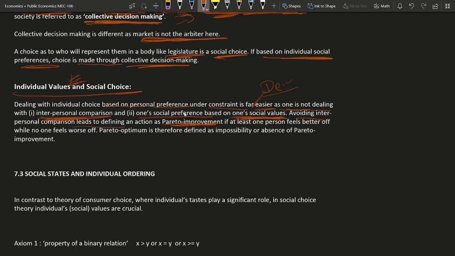You know Pareto improvement. Pareto improvement means we can make one individual better off without making any other person worse off. So Pareto optimum is defined as the impossibility or absence of Pareto improvement. So there is no further Pareto improvement. That point is the Pareto optimum point. So for the simplicity of social choice theory, we ignore the cases of interpersonal comparison and social value.